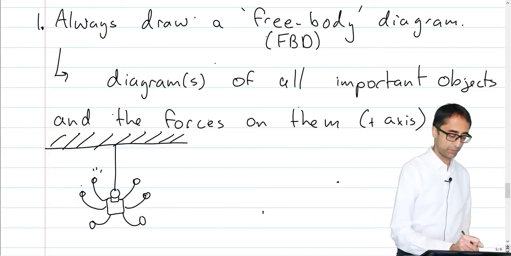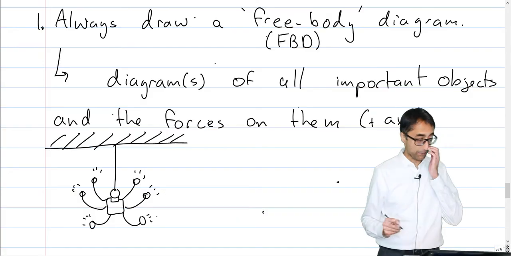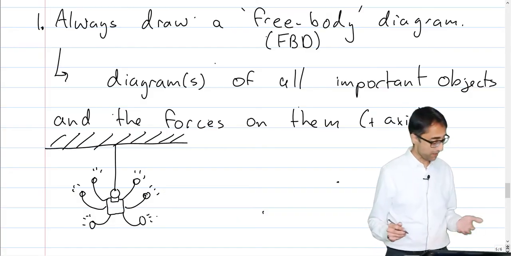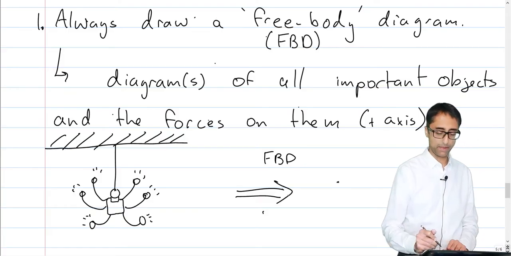So this is our real world picture of a chandelier. And let's say that we had a problem concerning this chandelier, and we had to draw a free body diagram of the chandelier because it's an important part of our question. So let's take this real world picture and draw the free body diagram of it.